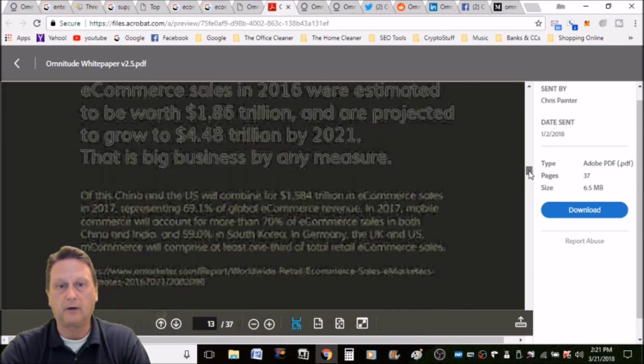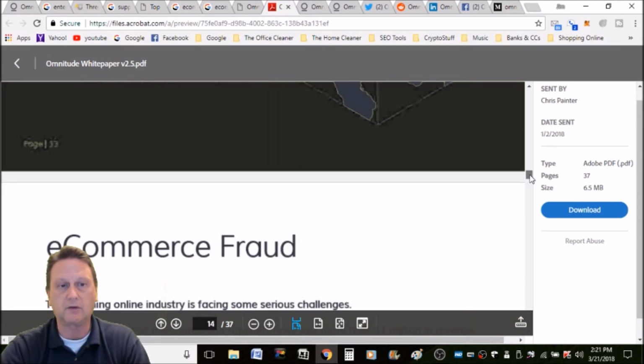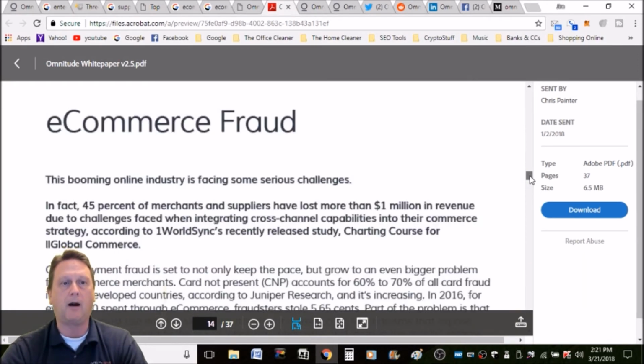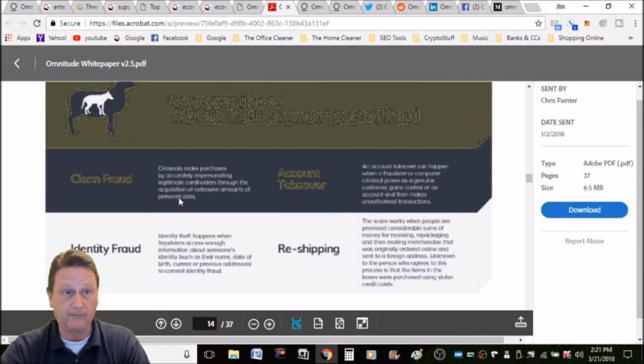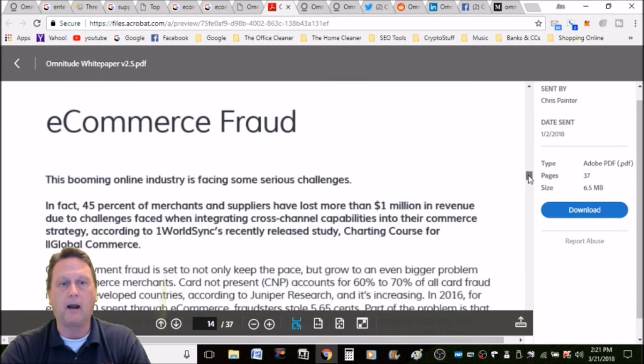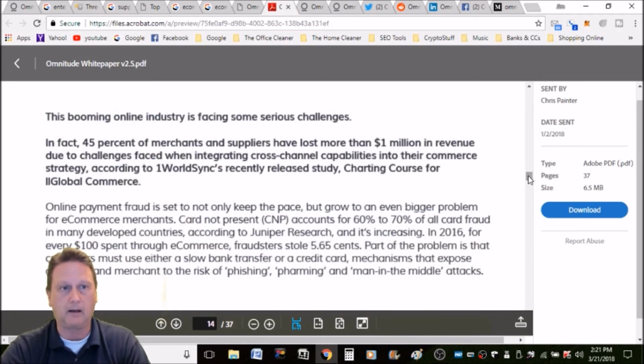And they have figures on there you can look at, but it's a huge industry. But one of the biggest problems they're trying to solve is the fraud involved. And there are several different types of fraud going on: clean fraud, account takeovers, identity fraud, reshipping fraud, going on each and every day online.